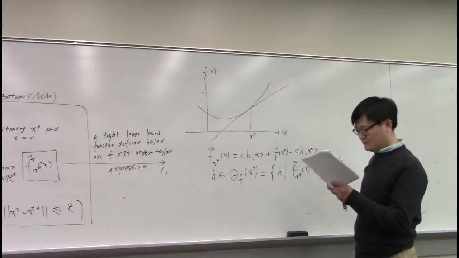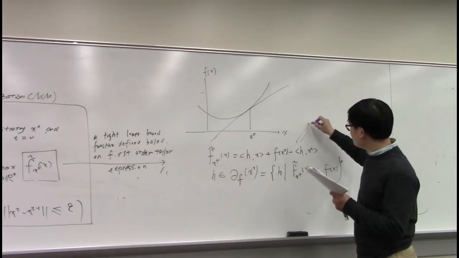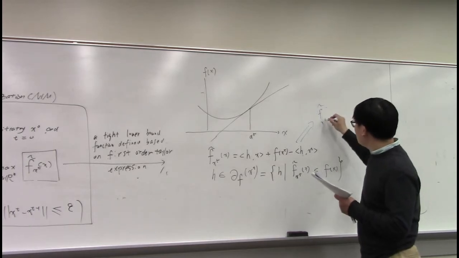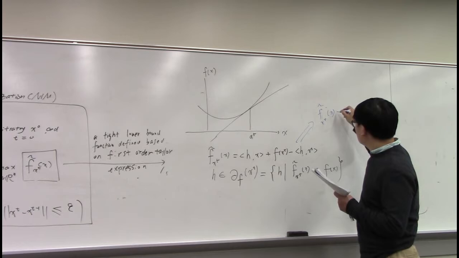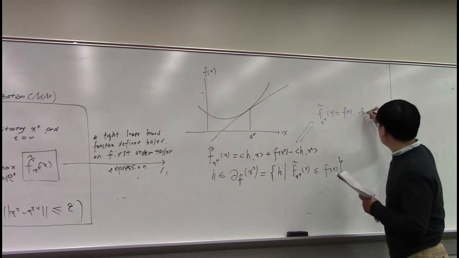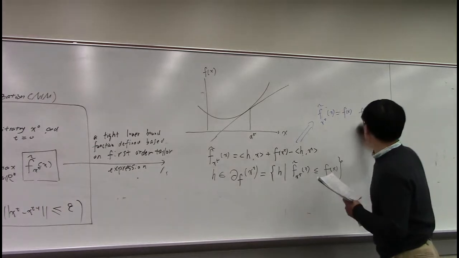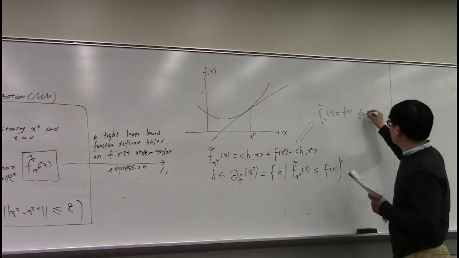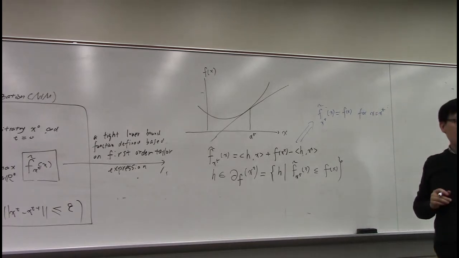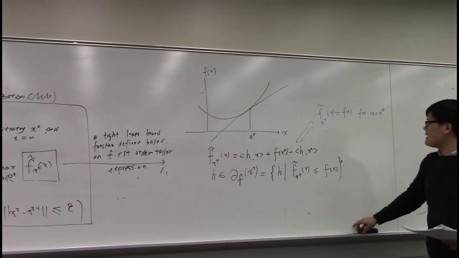Let me write it here: f(x_t) is always equal to the approximation for x equal to x_t.